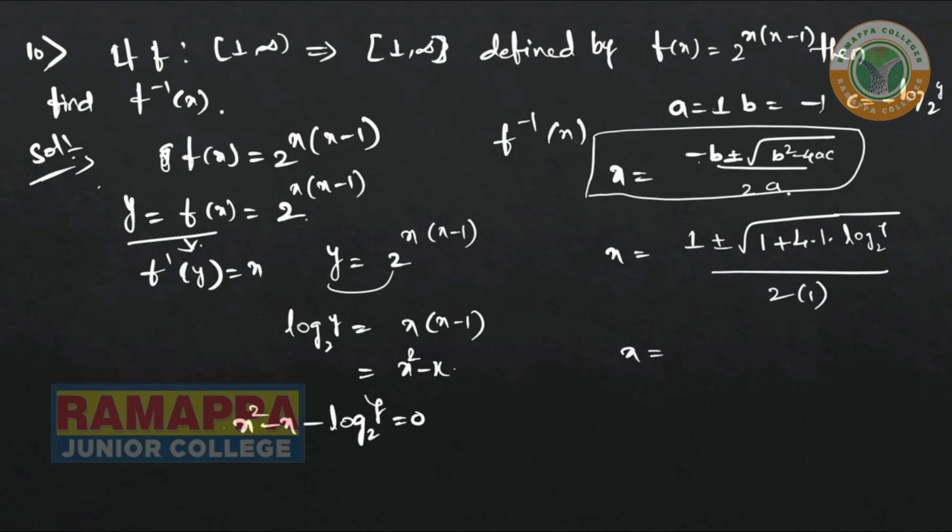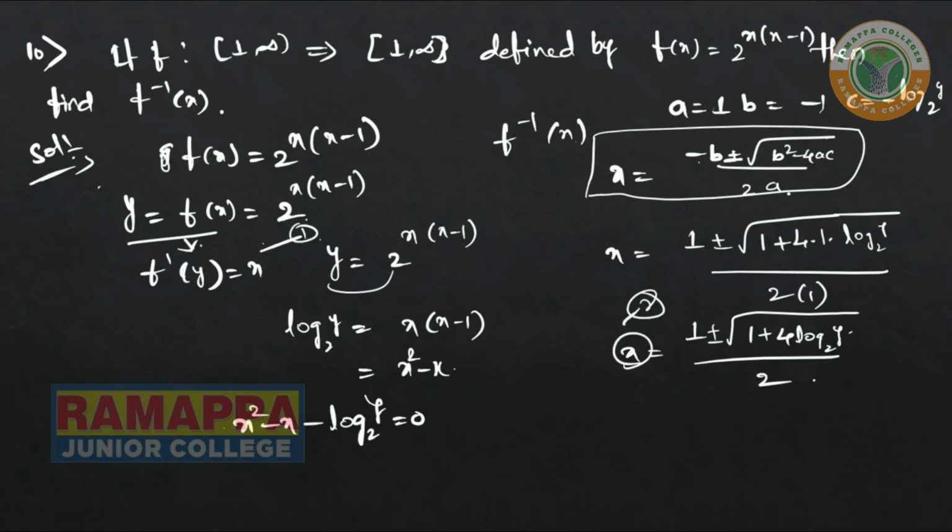So x is equal to 1 plus or minus under root of 1 plus 4 log base 2 y divided by 2. So f inverse of y is equal to 1 plus or minus under root of 1 plus 4 log base 2 y divided by 2, answer here.